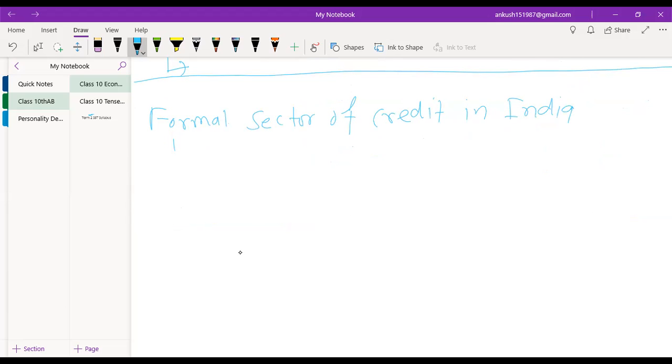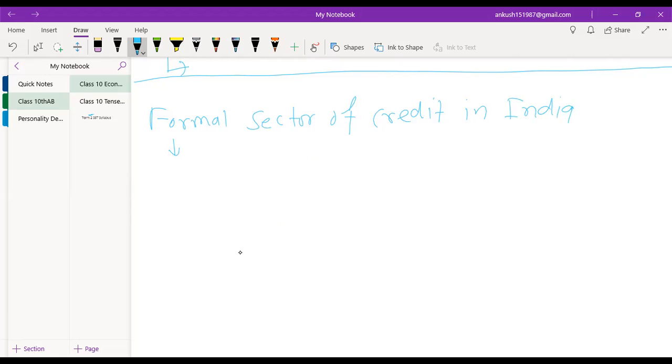I already told you about the formal sector: it is the sector where the Reserve Bank of India interferes. It means it keeps supervision or observation over such banks. Are you getting the point?